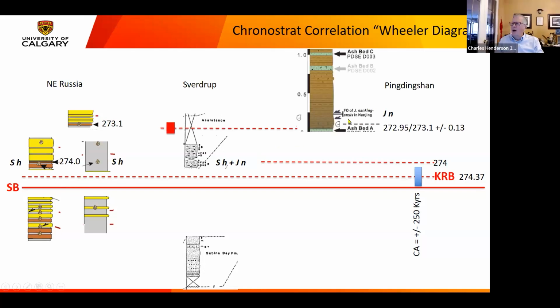Okay, now I've added in the Pingding Shan section and split it up. It has to be an unconformity in there. And the 273, and they also have another age just a little bit higher in the section at 273.1, which is the same age within uncertainty as we've got here for this major transgression in here.